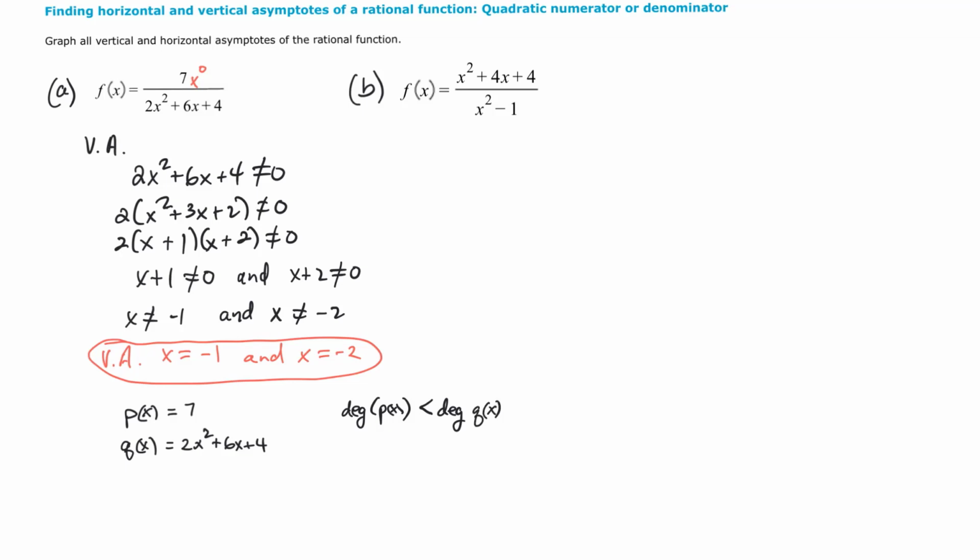Let me write the numbers: 0 is less than 2. Which yields that the horizontal asymptote is simply y equals 0, also known as the x-axis. So let's go ahead and circle that. And so we do have the horizontal asymptote as well.